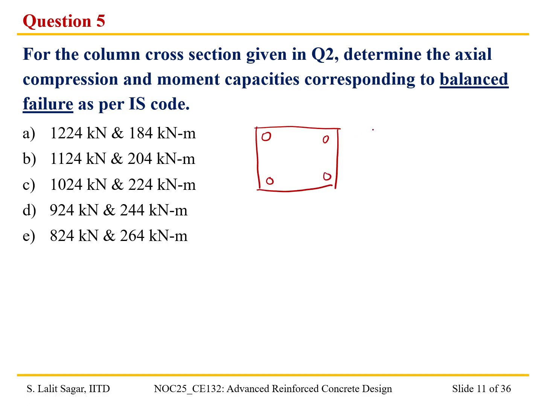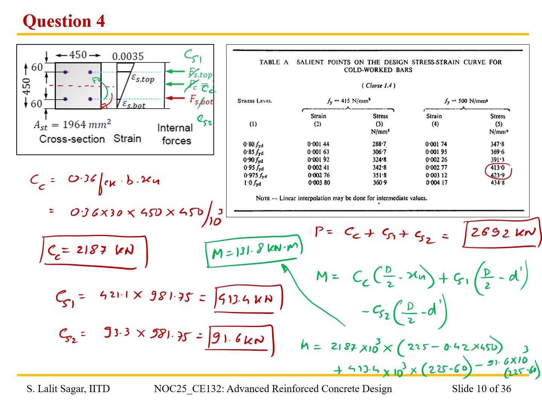So if we look at the strain profile of the cross section, here 0.0035 occurs at the same time as the yielding of the tensile reinforcement occurs. That is, epsilon st is 0.00417.